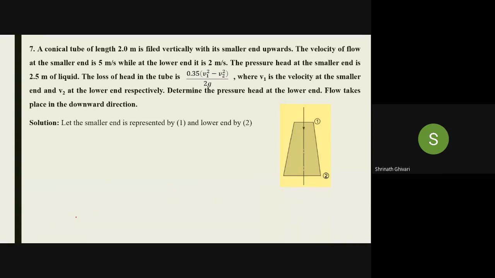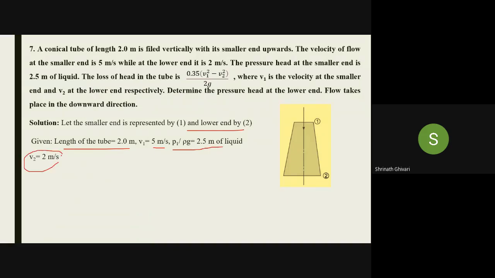So let the smaller end be represented by 1 and the lower end by 2. Length of the tube is 2 meter, V1 is 5 meter per second, P1 by rho g is 2.5 meter of liquid, and V2 is 2 meter per second. Loss of head as given is 0.35 (V1 square minus V2 square) by 2g. Now you have to determine the pressure head at the lower end.